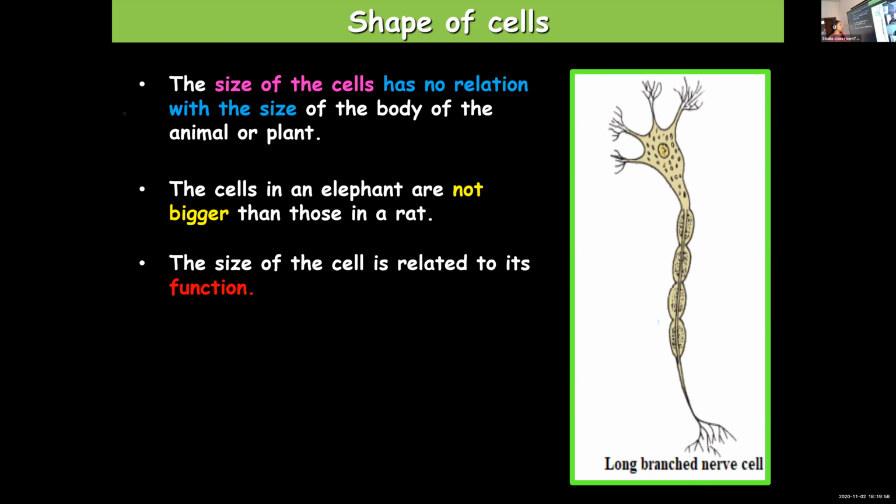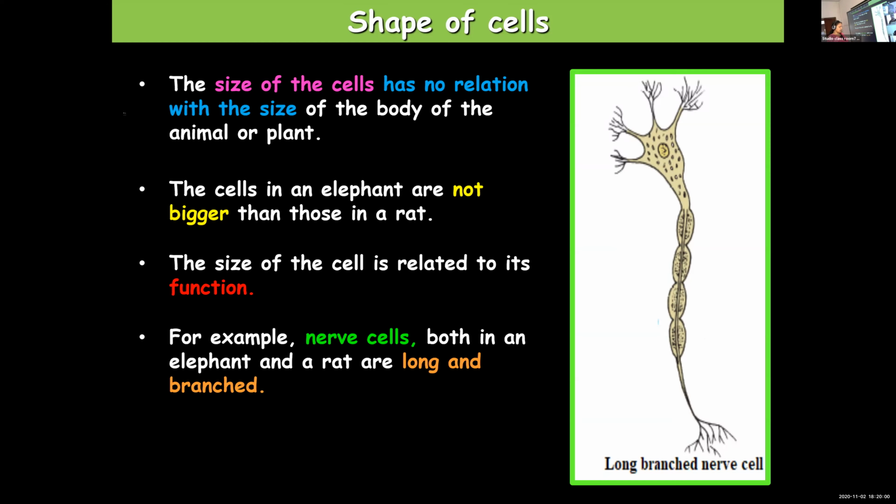The size of the cell is related to its function. You know that just now Alan told the function of a nerve cell. It will receive and transfer messages, helping to control and coordinate different parts of the body. So whether it is an elephant or a rat, the function of the nerve cell is just the same.